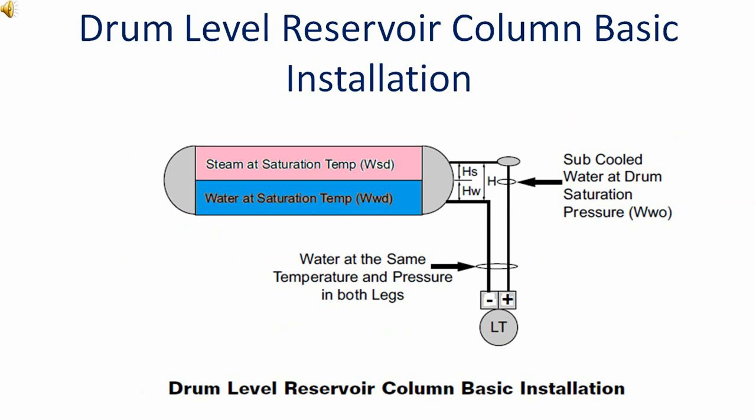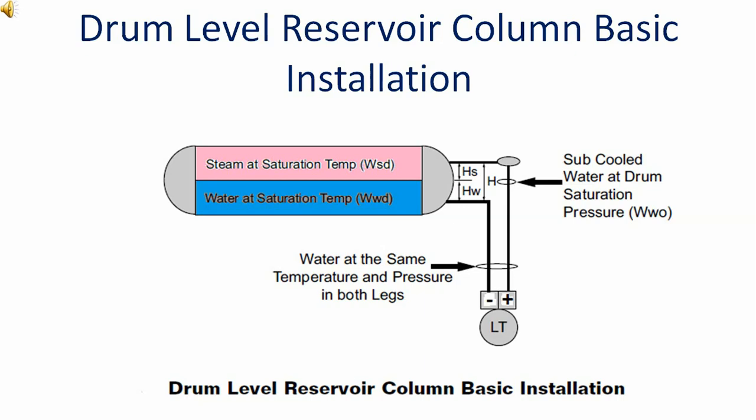Here we can see that H is the difference between the lower tapping point and the upper tapping point. There is subcooled water at drum saturation pressure in the reference leg.